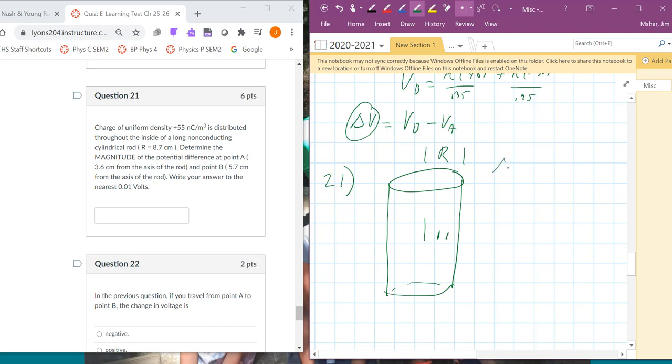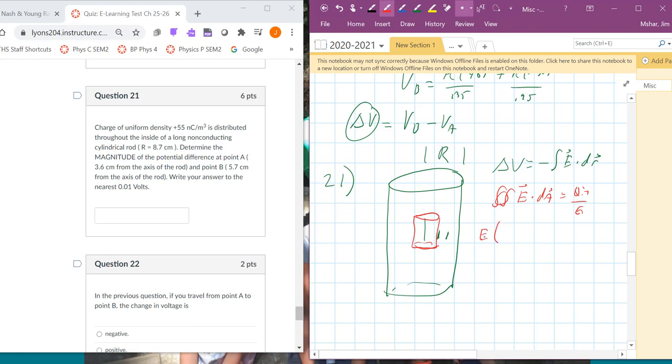Well, I'm going to use change in voltage is negative the integral of E dot dr. Now, I don't know the E, so I'm going to draw my Gaussian surface right here and figure out the electric field by using Gauss's law. So Gauss's law, the closed integral of E dot dA equals Q enclosed over epsilon naught.